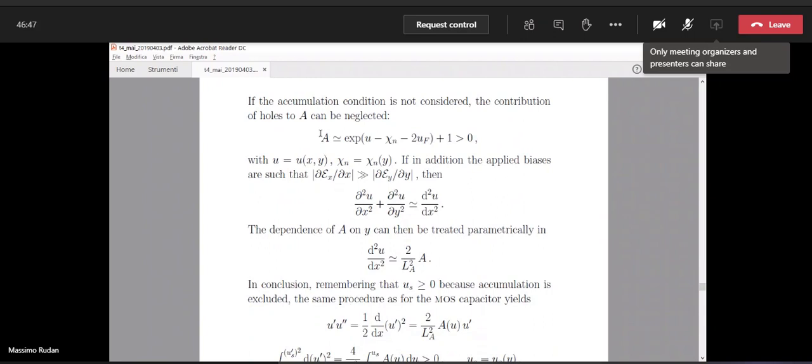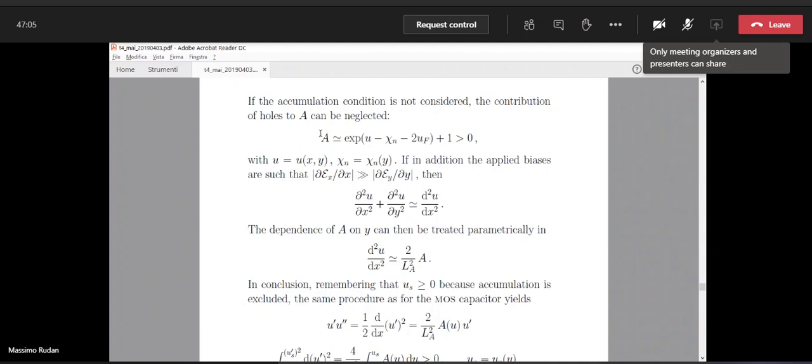We have the exponential of u minus chi n minus 2uF plus 1 larger than 0. Okay? Still, the electric potential depends on u and y.